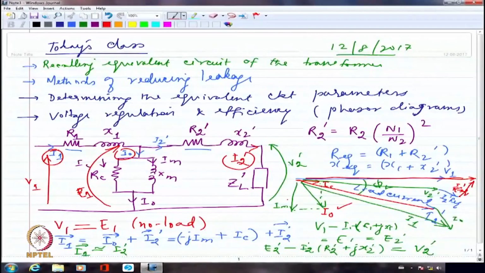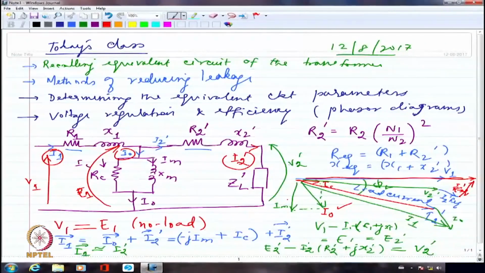So, R1 plus R2 dash I am calling R equivalent and the drop in that R equivalent will be in phase with the current. So, what I have as the current, I can just take parallel to that I2 dash times R equivalent. And then perpendicular to that will be the X equivalent drop.